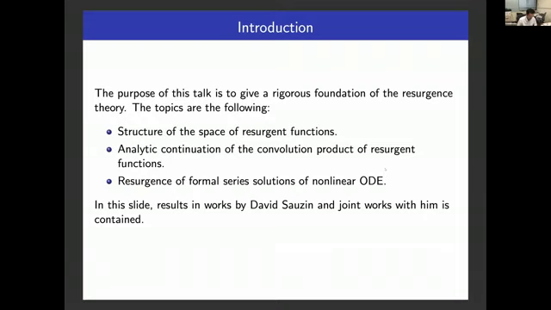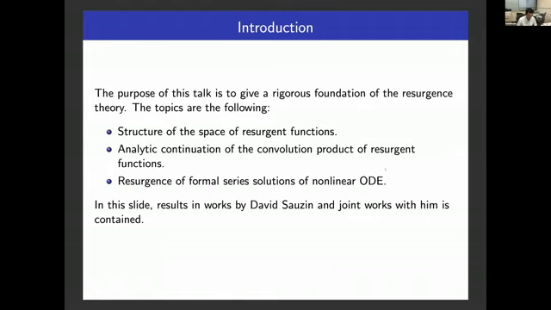But in the basic part of resurgent analysis, there are some unclear things, especially the analytic part of resurgent function theory is not so explicit in a sense.